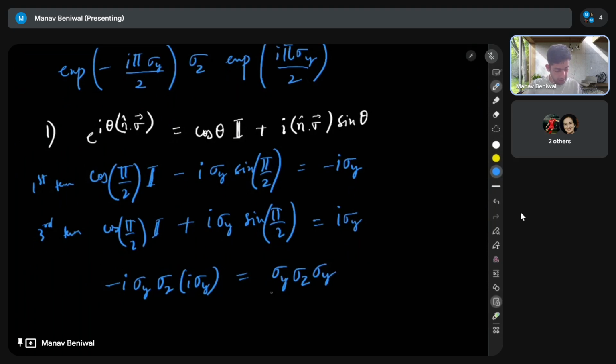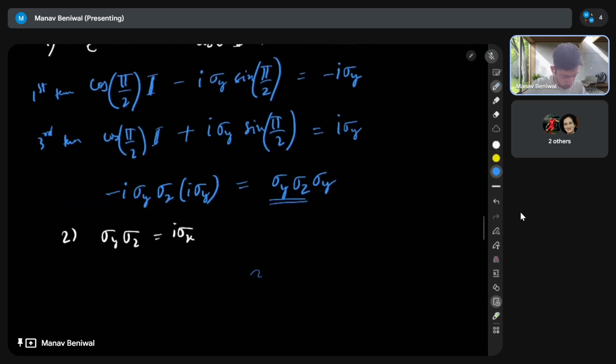Now this sigma y, sigma z, now we'll use the second property of these Pauli matrices, which is that sigma y, sigma z is nothing but iota times sigma x. So this thing then becomes iota sigma x sigma y, and again sigma x sigma y just gives us iota times sigma z.